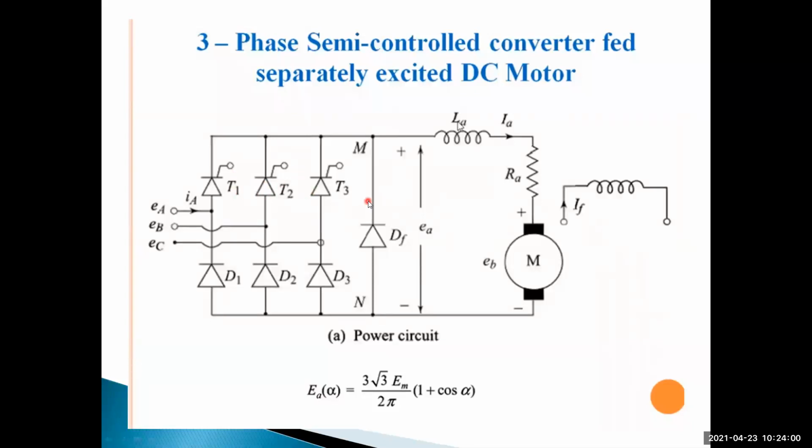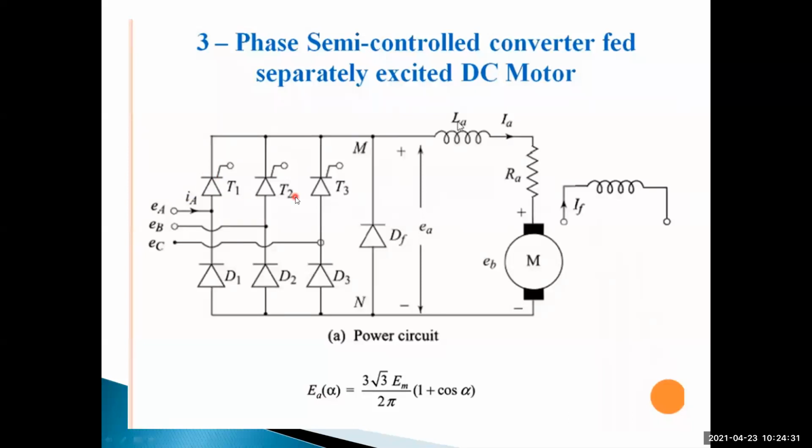T1, T2, T3 each conduct for 120 degrees because 360 by 3 is 120 degrees. Similarly, the diodes also conduct for a duration of 120 degrees.